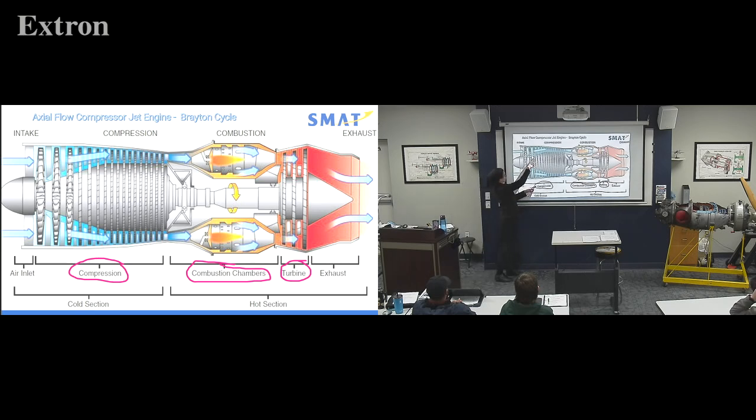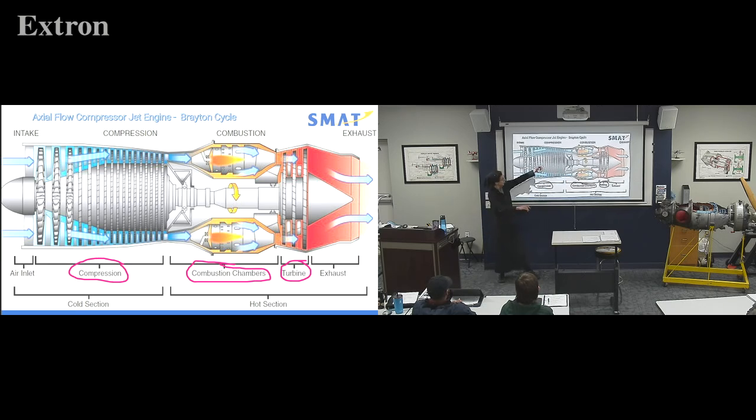There's the compressor that is turning, and we have stationary stator vanes. These little vanes act as little divergent ducts. So that is helping to build and increase pressure as the air flows through the compressor section.